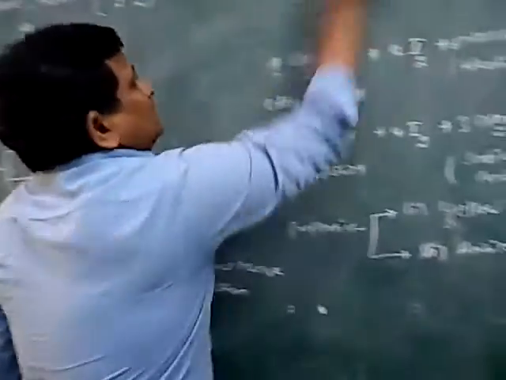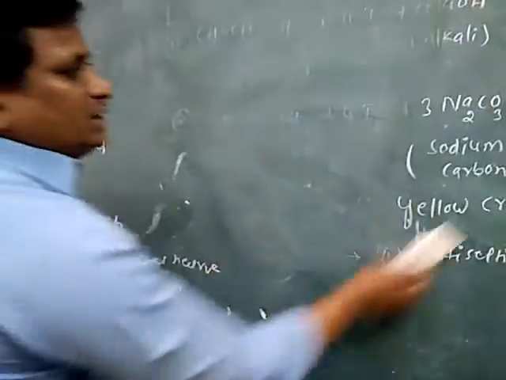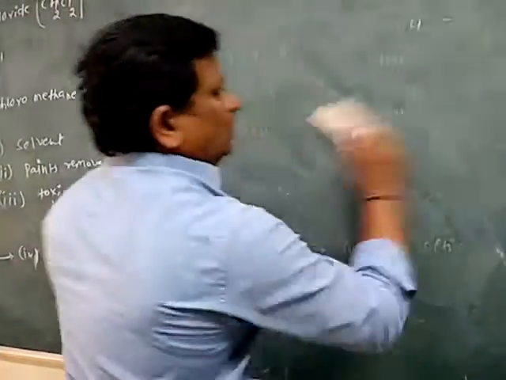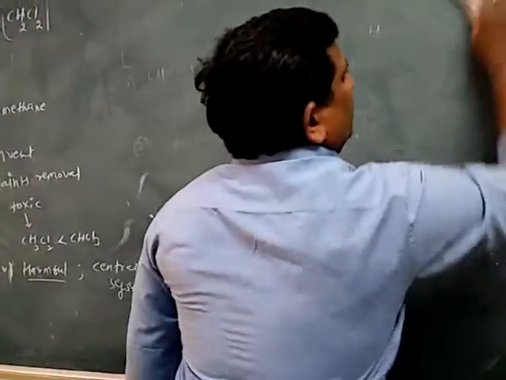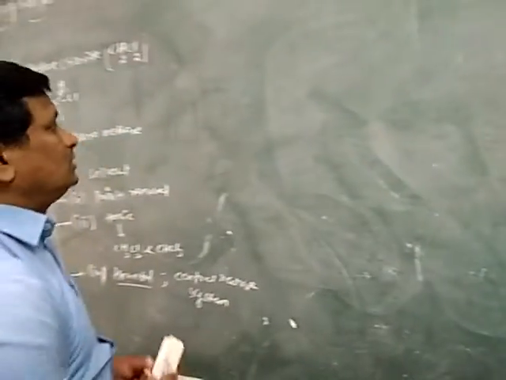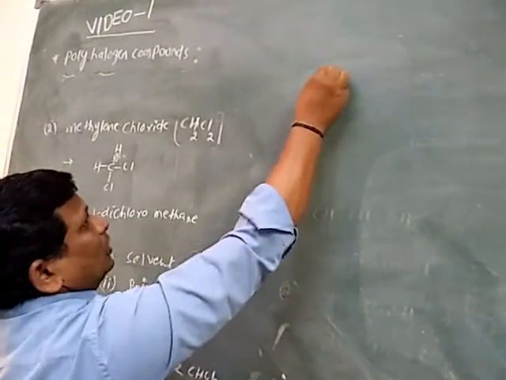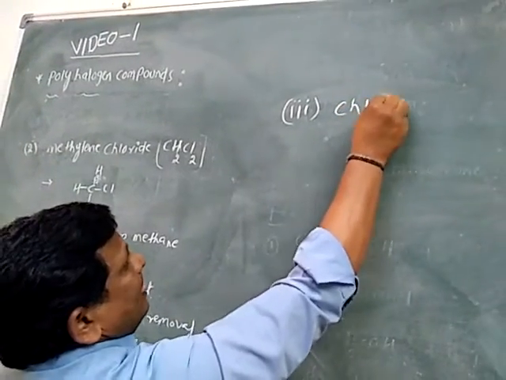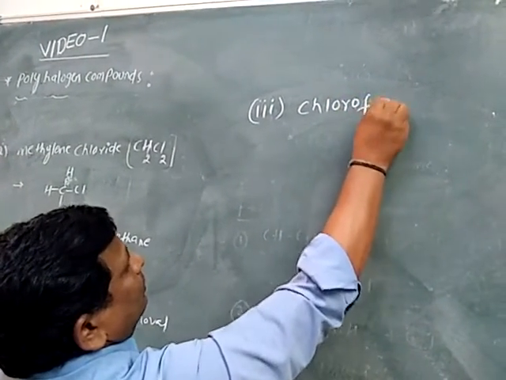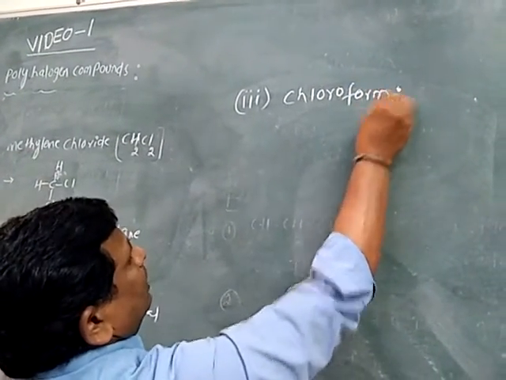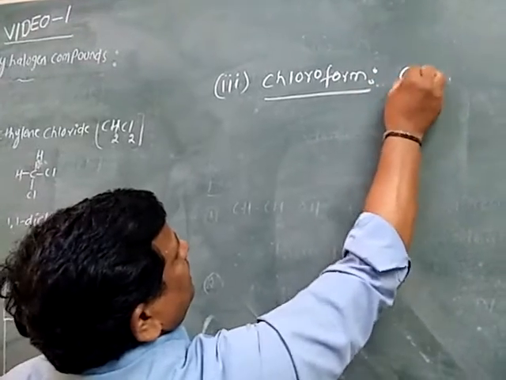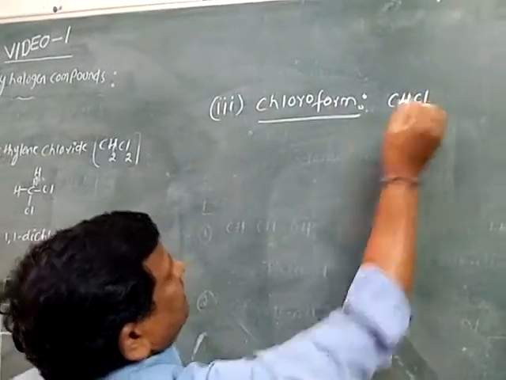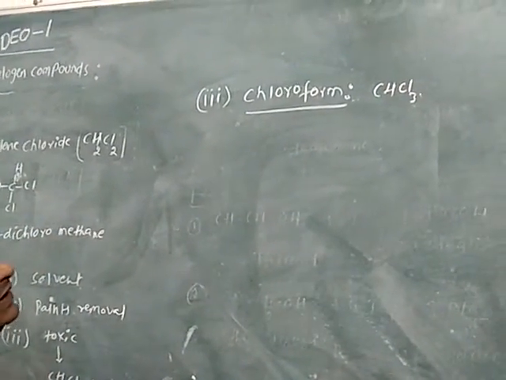Then the third polyhalogen compound is chloroform. Its formula is CHCl3.